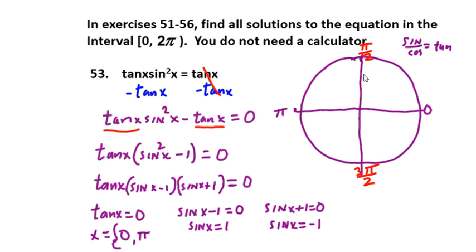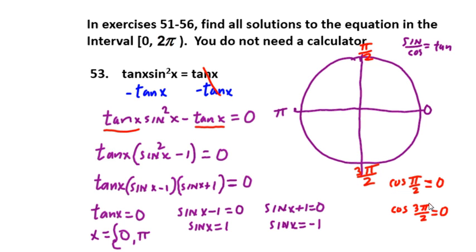But what is the value of cosine at pi over 2 and 3 pi over 2? So cosine of pi over 2 is equal to 0, and cosine of 3 pi over 2 is also equal to 0.